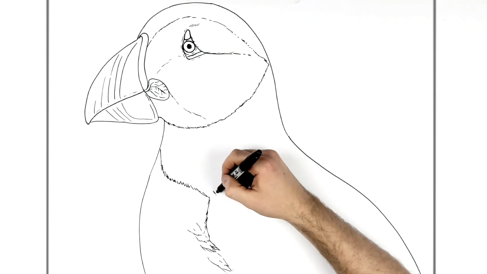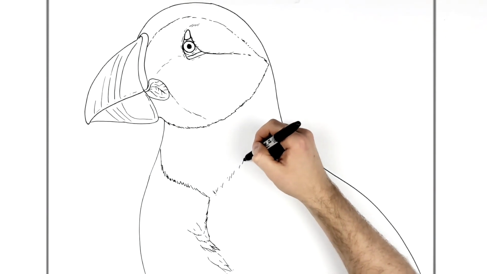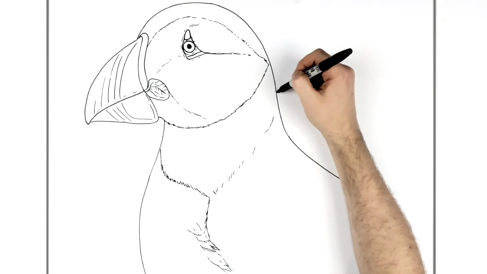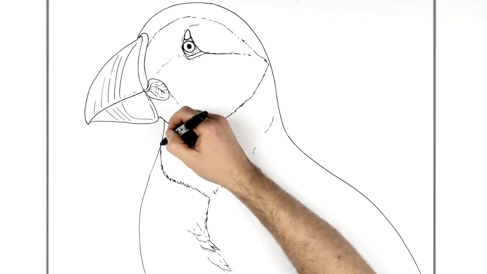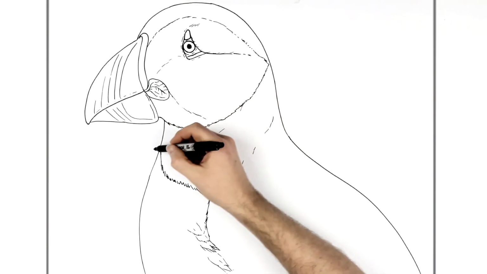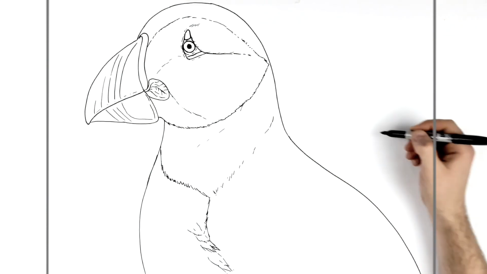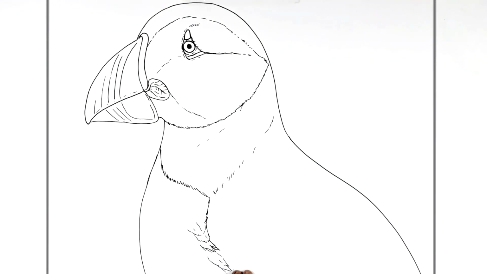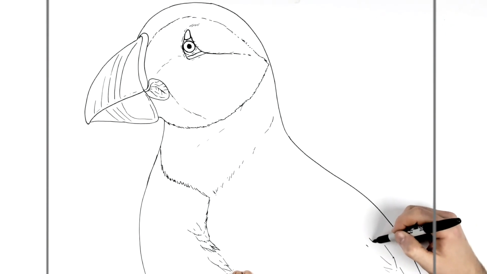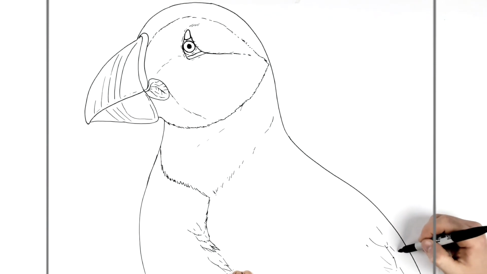And then some texture lines going for the folds on his neck, and maybe the starts of some feathery lines here.